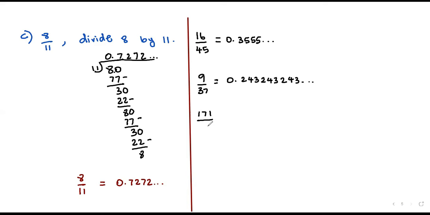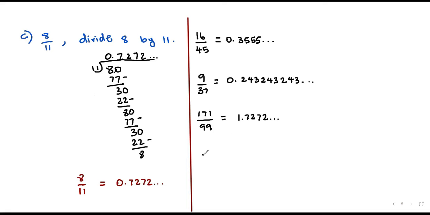And if we have 171 divided by 99, using the same method that we have seen in A, B, and C, we will get 1.727272 repeating.